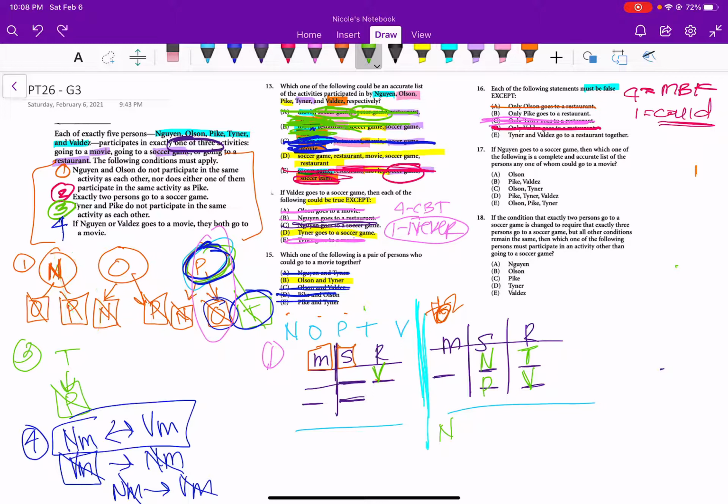So let's put P going to the movie. But then our problem is that the only one left for N is O, but remember we can't have N and O together, so that one doesn't work. So our answer is going to be B. All right, number 17.